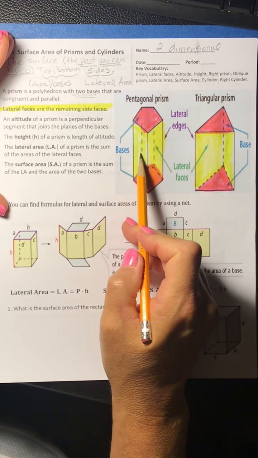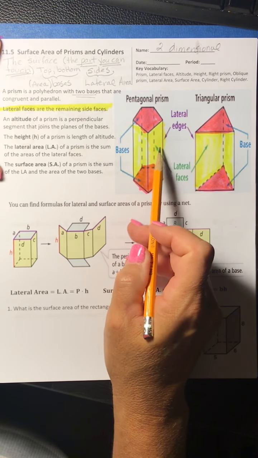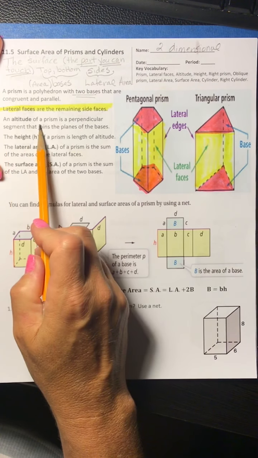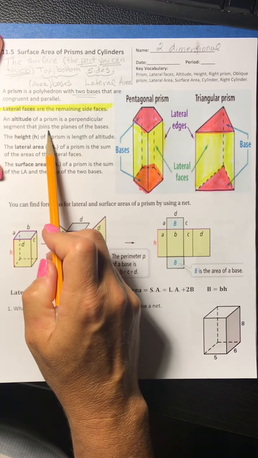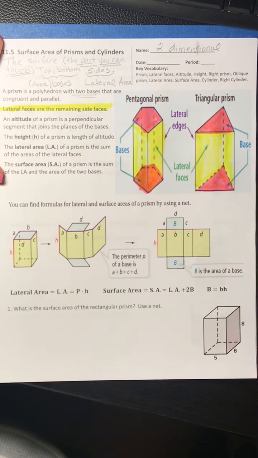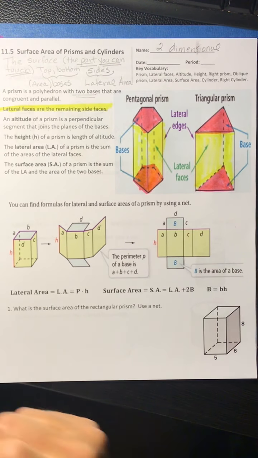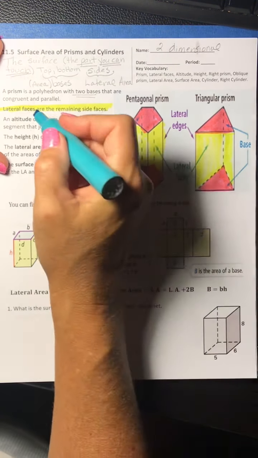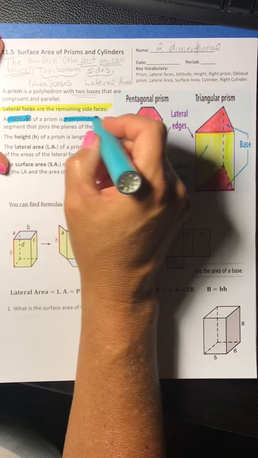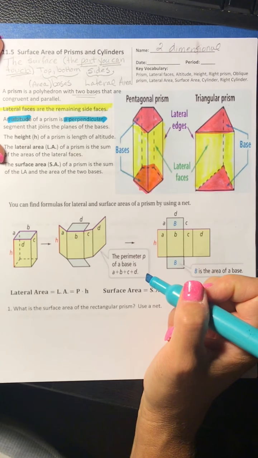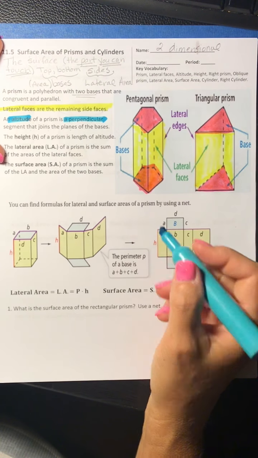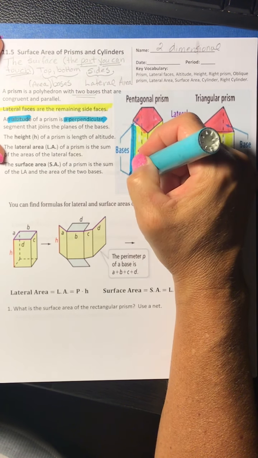and sides, lateral. Okay, an altitude of a prism is a perpendicular segment that joins the planes. I kept saying that we needed to be perpendicular to the base. That is your altitude. That's perpendicular height. To be perpendicular to the base would be this height.